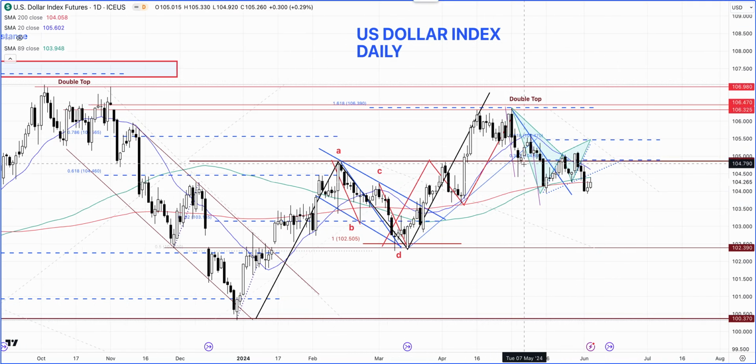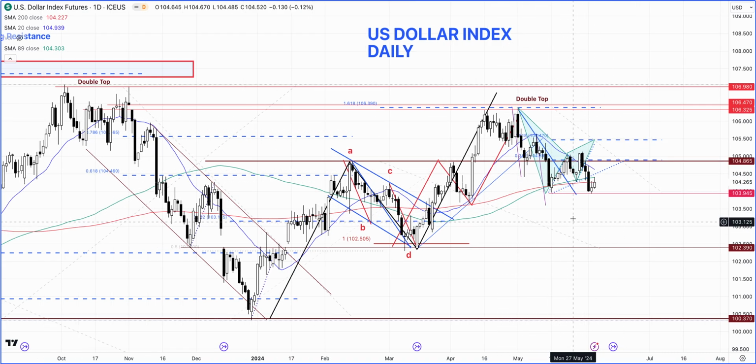and from a structural perspective, once it begins to move lower, breaking the 103.95 level on a closing daily basis, then the chances for this to move lower in a rather rapid fashion increase.